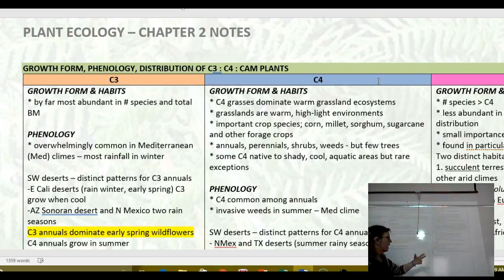Spanish moss, and we saw examples of ferns, Isoetes. Both types are subject to shortages of water, and they've adapted to that by night-day adaptation, which is the CAM category, right? Spatial for C4, temporal for CAM. Remember that basic adaptation difference, okay?